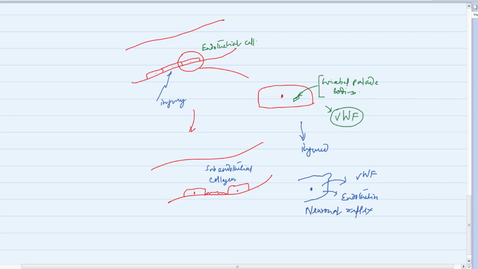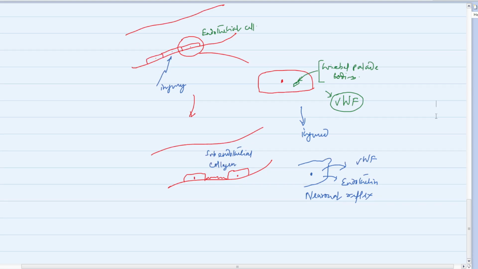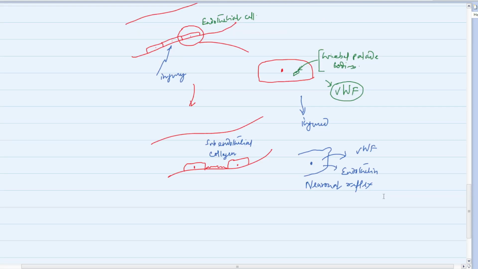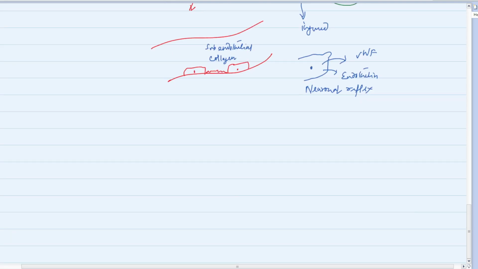So these events result in what? Let's write this in sequence. The first thing that happens is vasoconstriction, meaning this blood vessel reduces in diameter, it undergoes spasm. And what's the reason for this vasoconstriction?